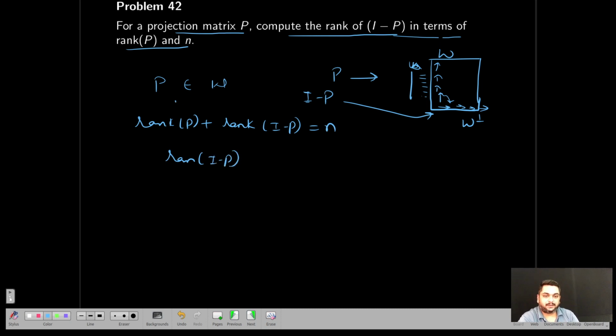Because they are perpendicular, this is the orthogonal complement of W. So the rank of I minus P is N minus rank of P.